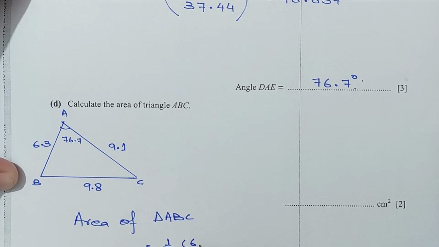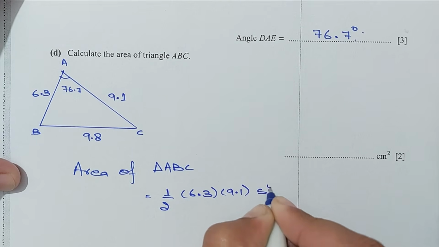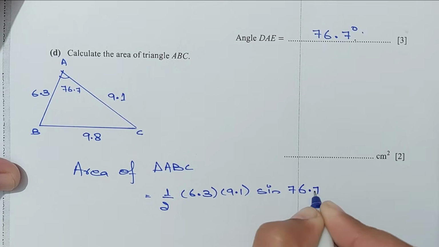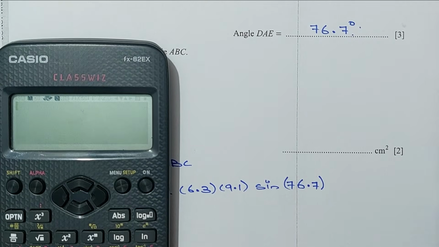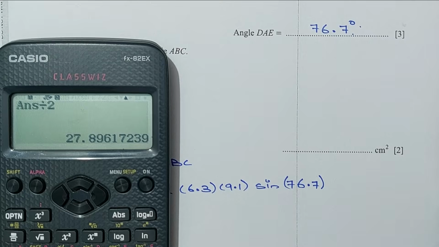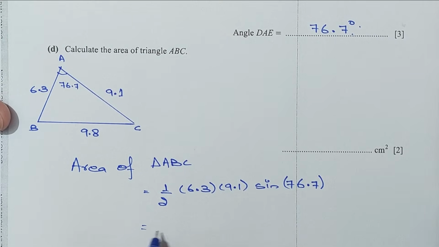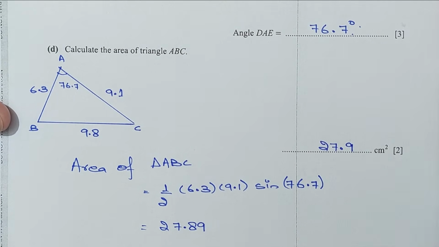The two sides are 6.3 times 9.1 times sine of this angle 76.7, in degrees. Simplifying, 76.7 times 9.1 times 6.3 divided by 2 is 27.89, or 27.9 rounded, in centimeters squared.